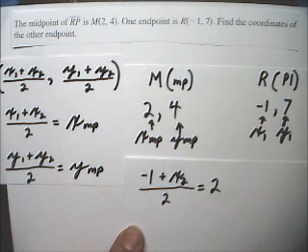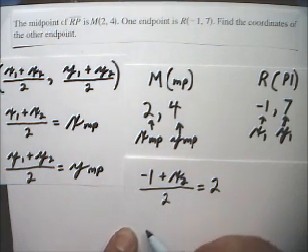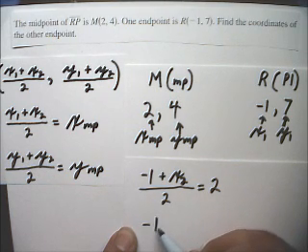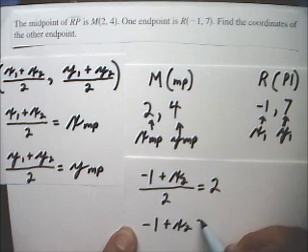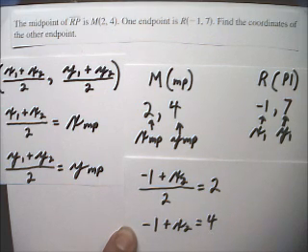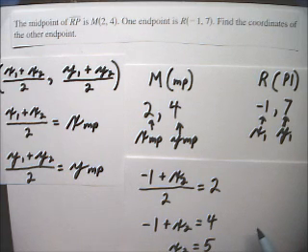Okay, so now working on this, I'll multiply both sides by 2, and I'll end up with -1 plus x2 equals 4. Now if I add 1 to both sides, I get x2 equals 5. So the x part of the endpoint is 5.